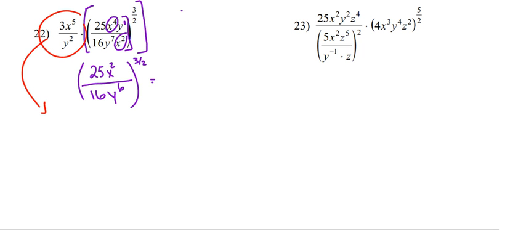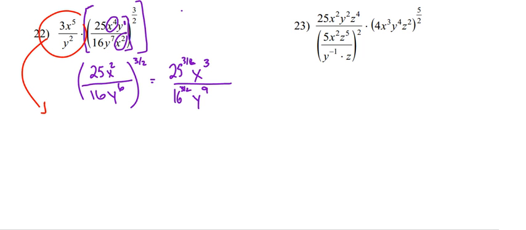Still wanting to deal with this, I've got 25 to the 3/2 over 16 to the 3/2 times x squared times 3/2 is just 3. And then y, 6 times 3/2 is 9.